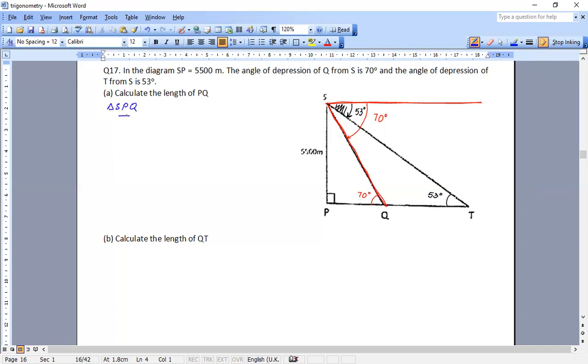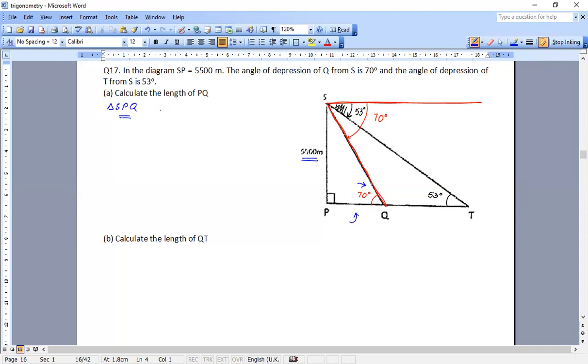In SPQ, I have to find the length of PQ. I know this side and I know this angle over here. So in this triangle, I have an angle given, I have the opposite given, and I have to find the value of the adjacent.